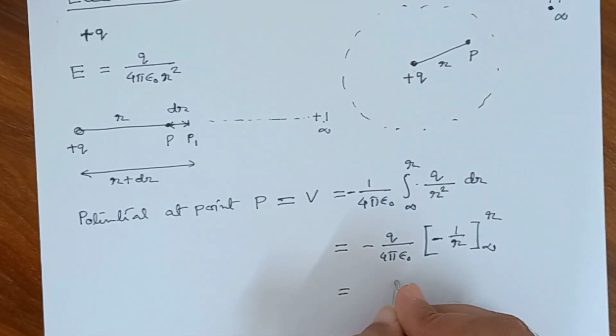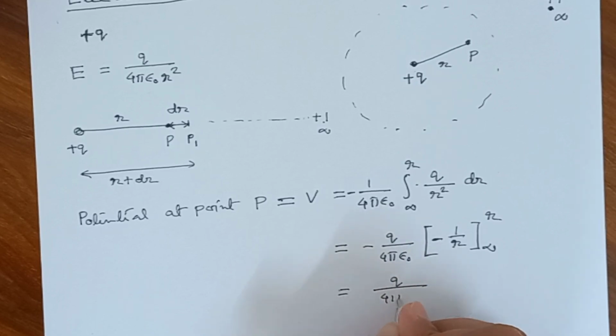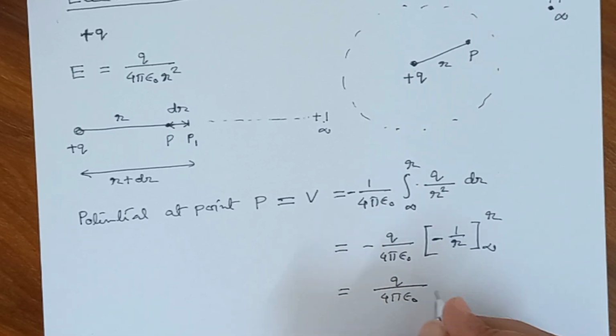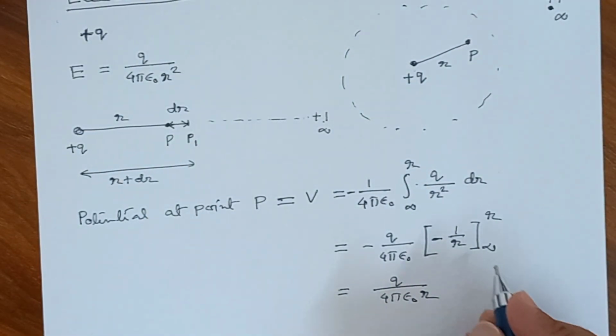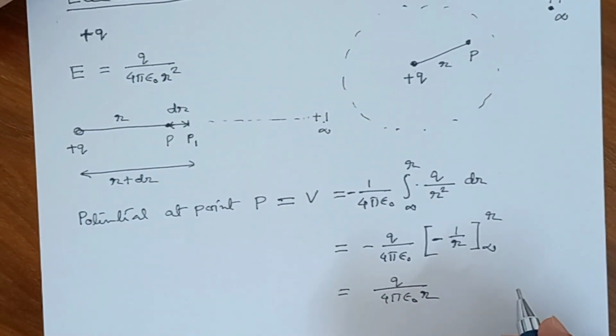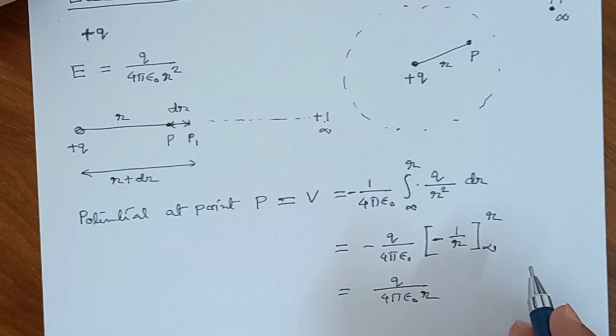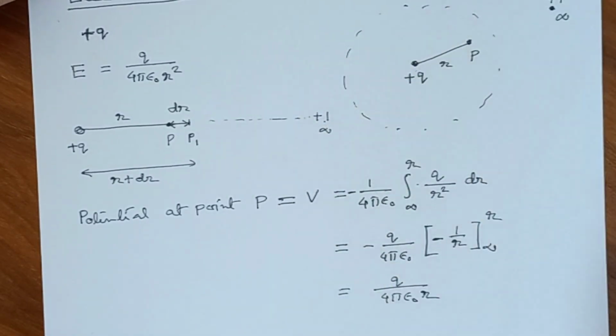Finally, Q/(4 pi epsilon 0 r). Therefore, the electrostatic potential at point P is Q/(4 pi epsilon 0 r).